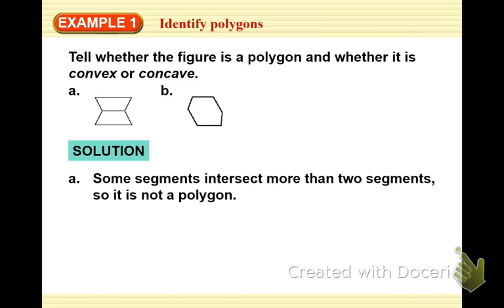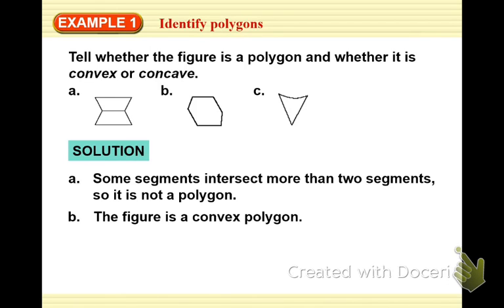Okay? What about that guy? Is that a polygon? It is. If you go back to all the criteria, all the sides are segments. They each touch exactly two other sides, and they're touching at endpoints, then we're in good shape. Convex or concave? Convex, yes. How about that guy?